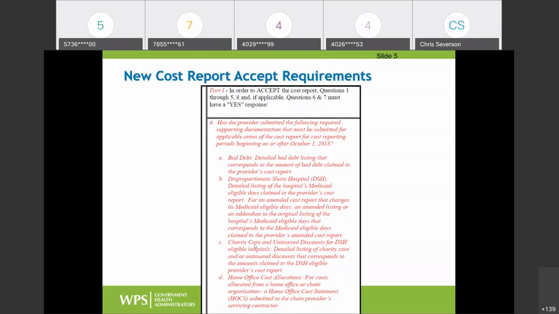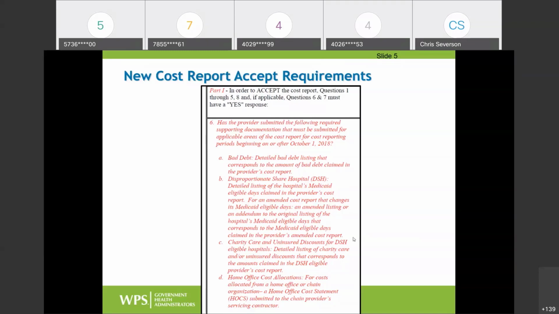I do want to point one thing out here, which we're going to get to in the S10 reviews later on as well, that we are not just reviewing charity care and uninsured discounts. Certainly that's an important part, probably the biggest part of S10, but we also have total bad debts on S10 line 26 that we review.